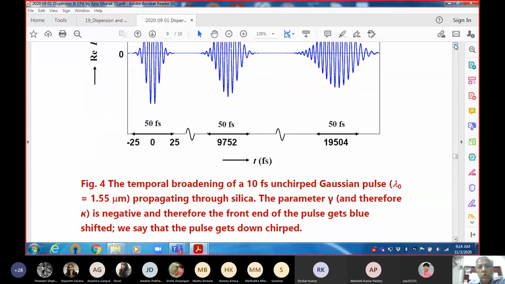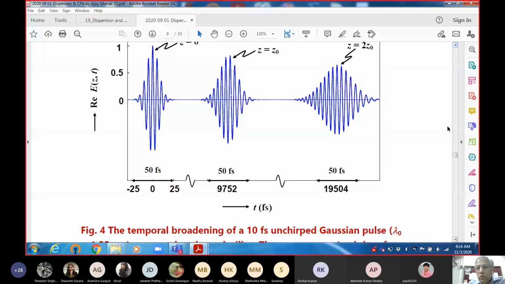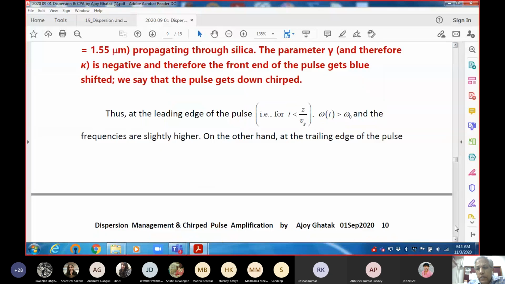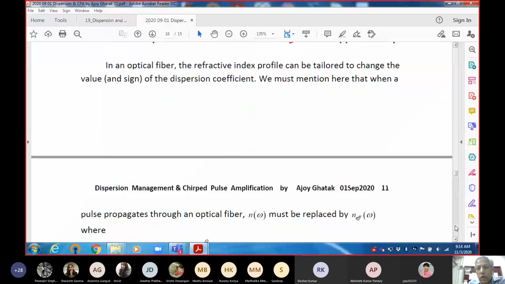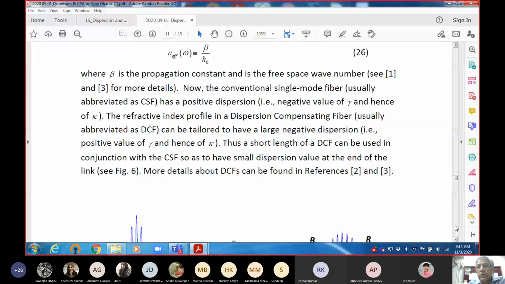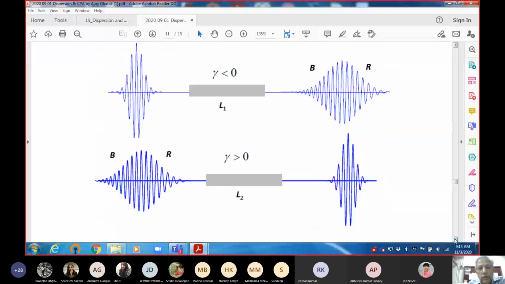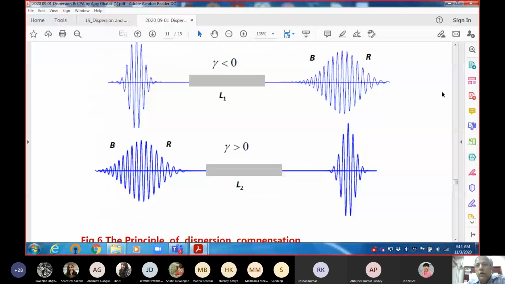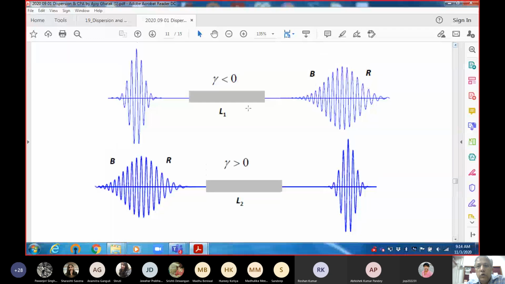So those chirping phenomena I had shown you schematically, but these are the actual calculations. What I have discussed just now, suppose you start with an unchirped pulse, and here gamma is in a different notation actually.